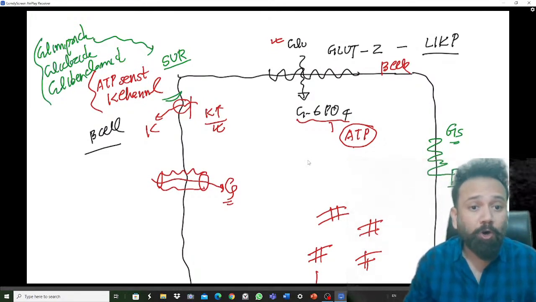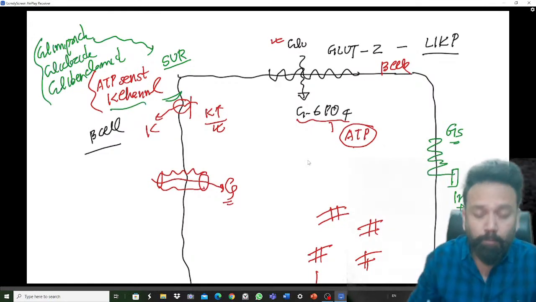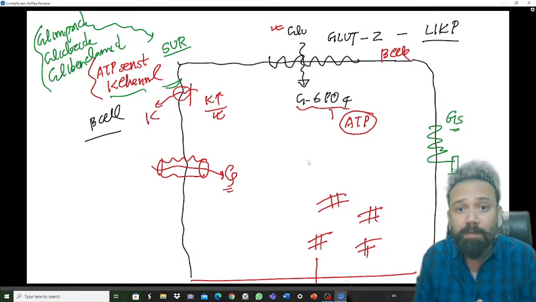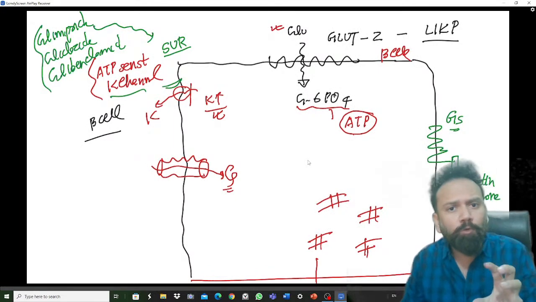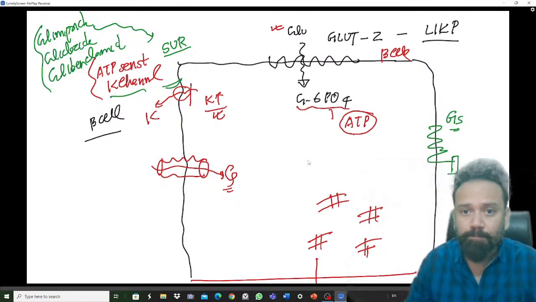These all act on this sulfonylurea receptor on the ATP sensitive potassium channel, and that will cause closure of the potassium channel. That is why sulfonylureas act on this particular receptor. This is the mechanism of how insulin is released.